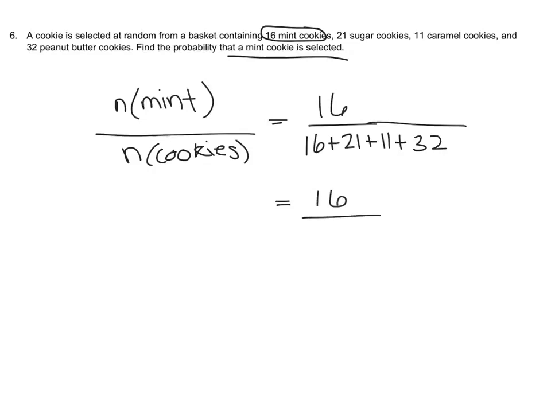When we add these together, we get a value of 80. So our probability becomes 16 over 80. And I'm going to write this as a decimal. When we divide 16 by 80 on the calculator, we'll get a value of 0.2. So our answer is 0.2.